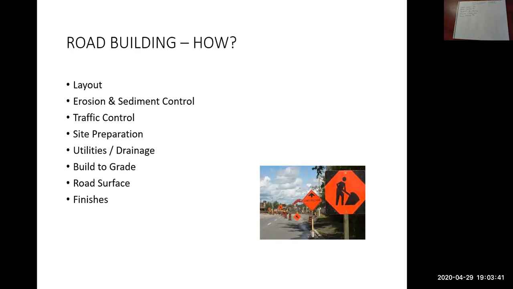There's the utilities and culvert type work. We've already looked at utilities. Once your utilities are done, you will build up to grade, with embankments, road subbase, road base, then surfacing, so paving, and then all the finishes. We'll go through each of those items in detail through this PowerPoint and look at each one individually.